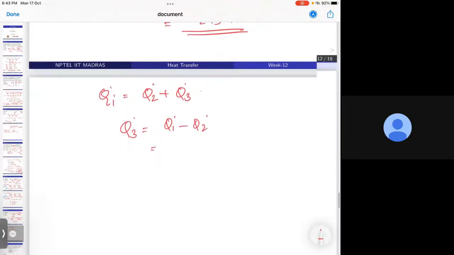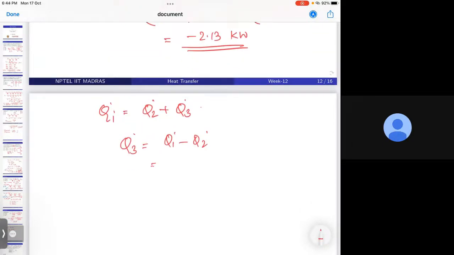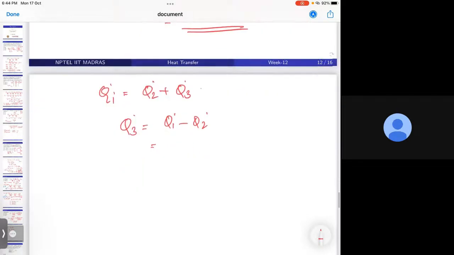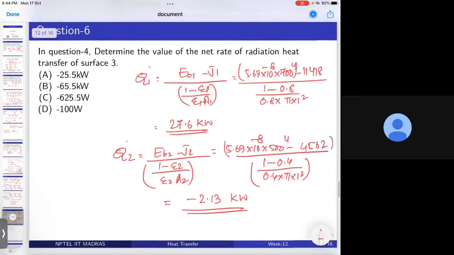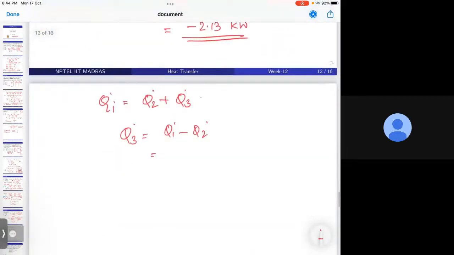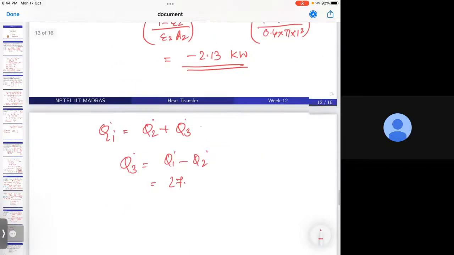I'm taking the absolute values only. Q1 we got as 27.6 minus 2.13, which is equal to 25.5 kilowatts.